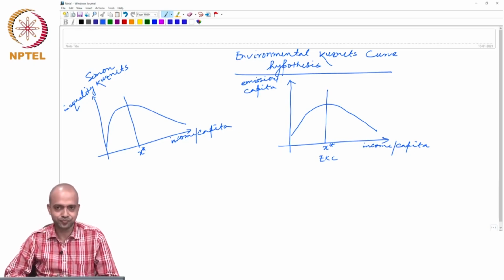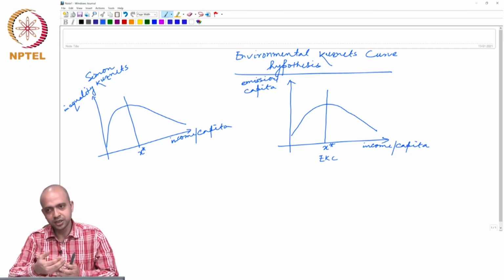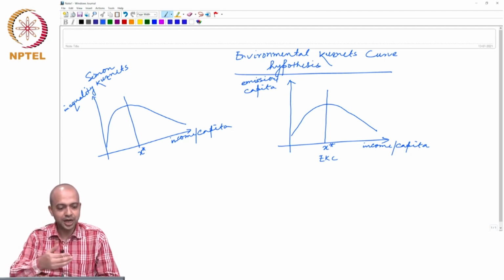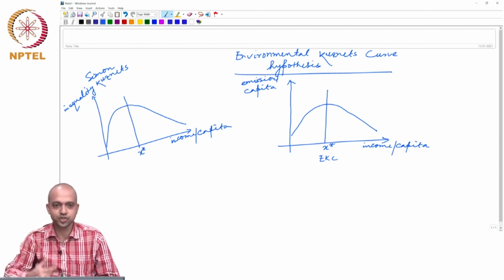And once the economy achieves a certain per capita level of income, then growth becomes more inclusive. The fruits of economic growth are enjoyed by most of the people in the economy, as a result of which inequality comes down.